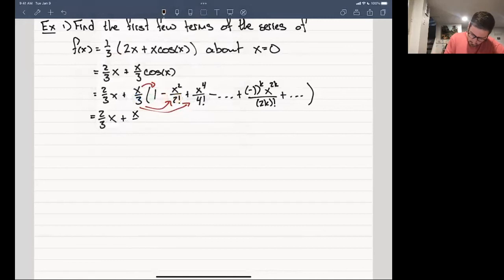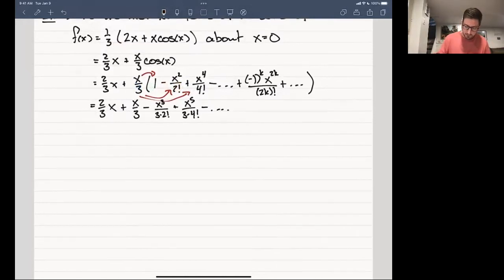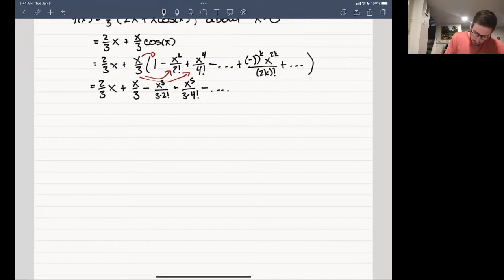This is just standard distributive arithmetic. So I get x over 3 minus x cubed over 3 times 2 factorial plus x to the 5 over 3 times 4 factorial. And let's just let that keep going out from there. I'm going to only go up to that fifth order. Okay.